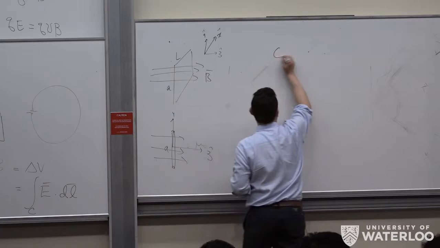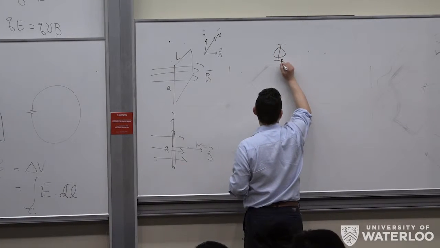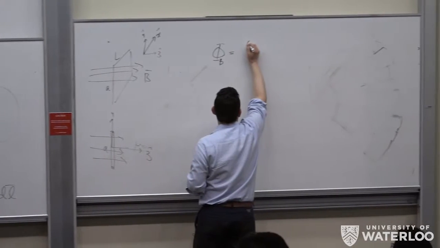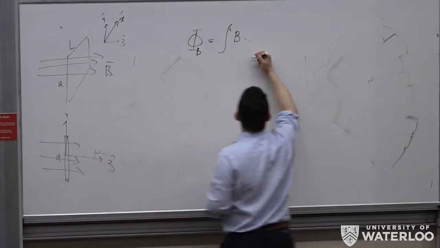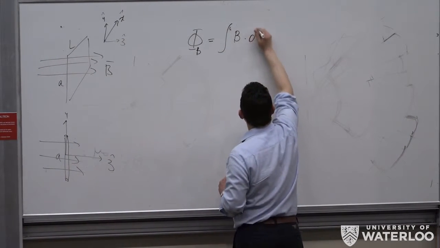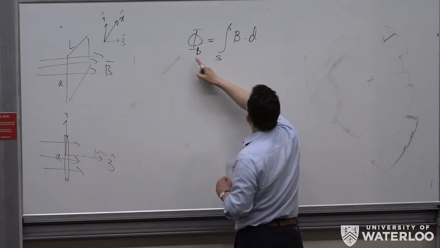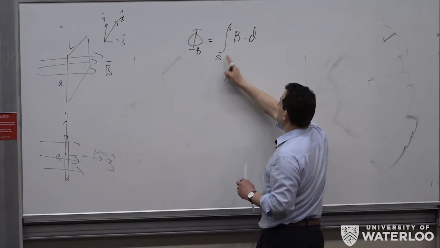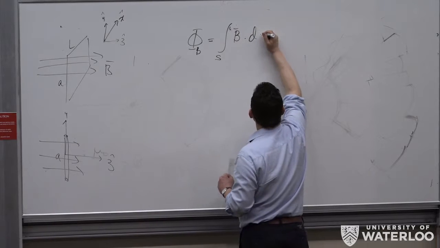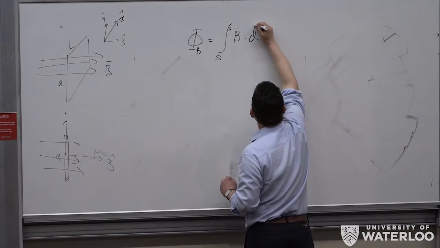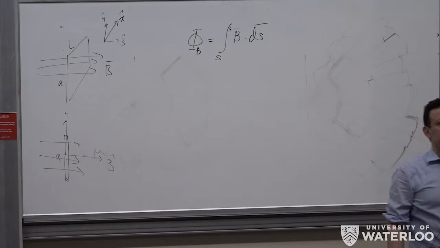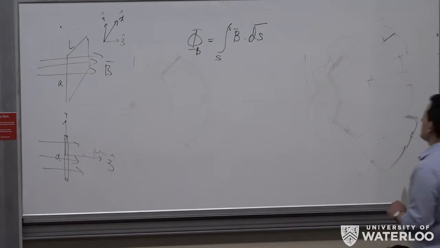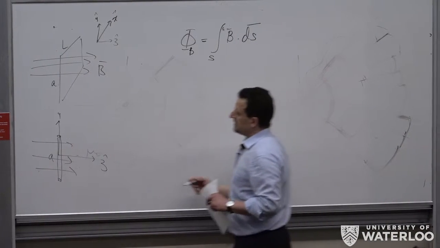So the magnetic flux is defined to be the entire B that goes through a surface. This is a surface. The magnetic flux going through the surface, you integrate B over the area.